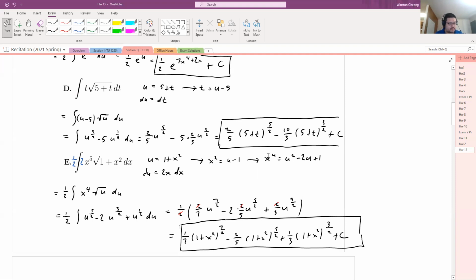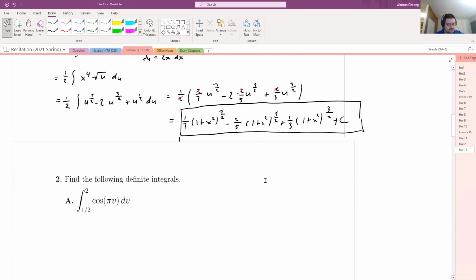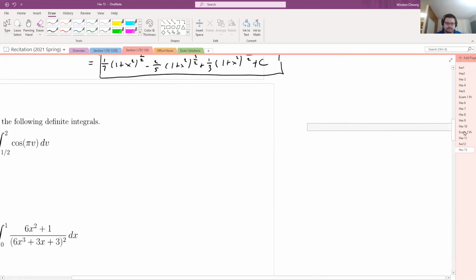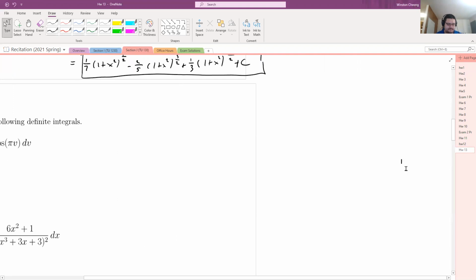Right. So now we're going to switch over to definite integrals. What we've just been doing are indefinite integrals where there aren't any limits of integration. Now we have definite integrals, and we're going to try doing u substitution in order to calculate these integrals. With definite integrals, there are actually two different approaches that you can take as a result of the fact that we're doing u sub.